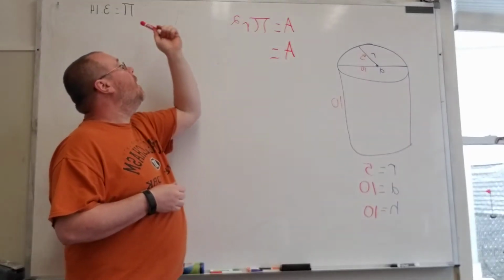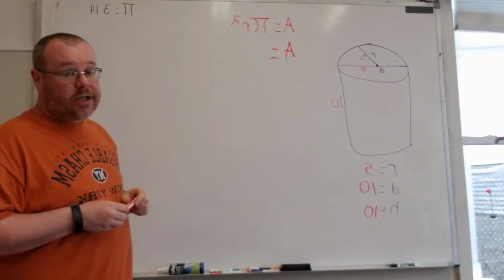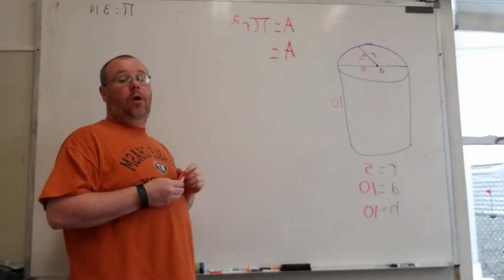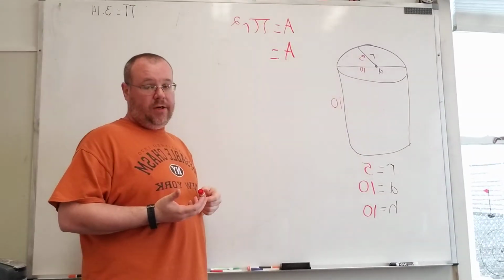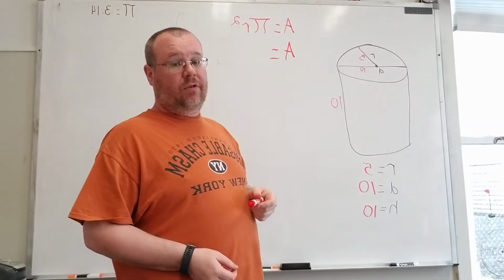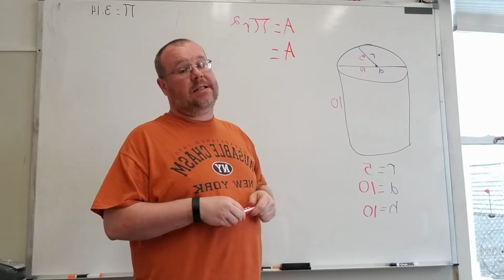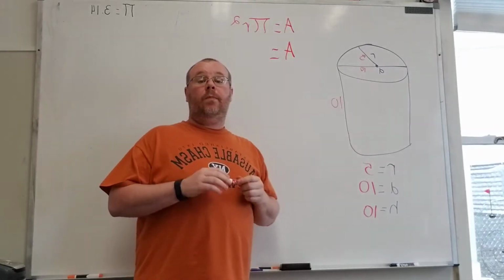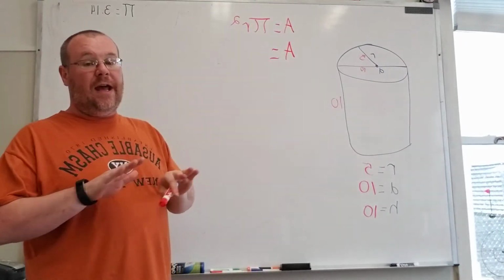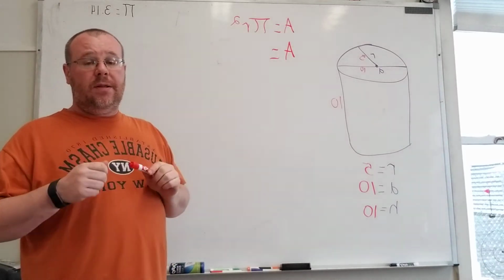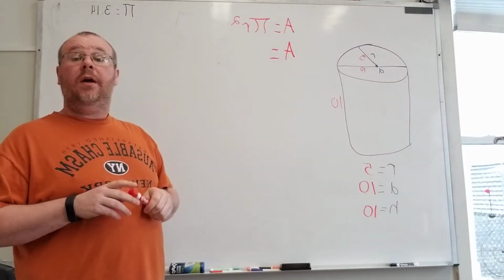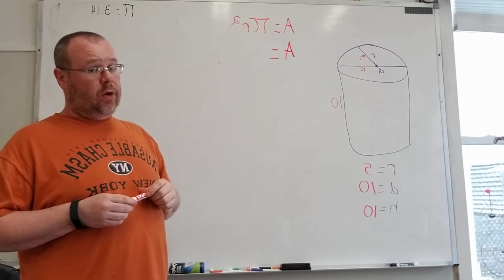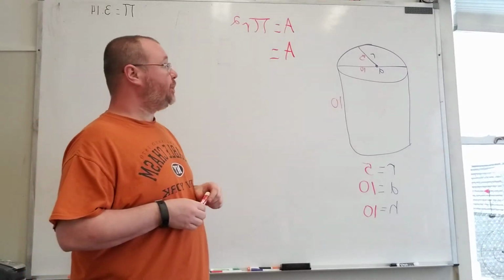Good. Unfortunately, 3.14 equals pi is not going to be on your reference sheet. That's something we're going to have to remember when we take our MCAS. However, I want you to remember that we never, ever, ever use the pi button on the calculator. Your calculator for the MCAS will not have a pi button.